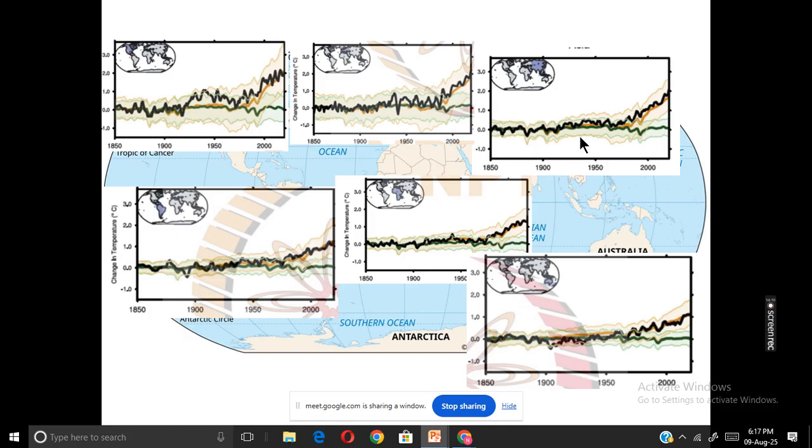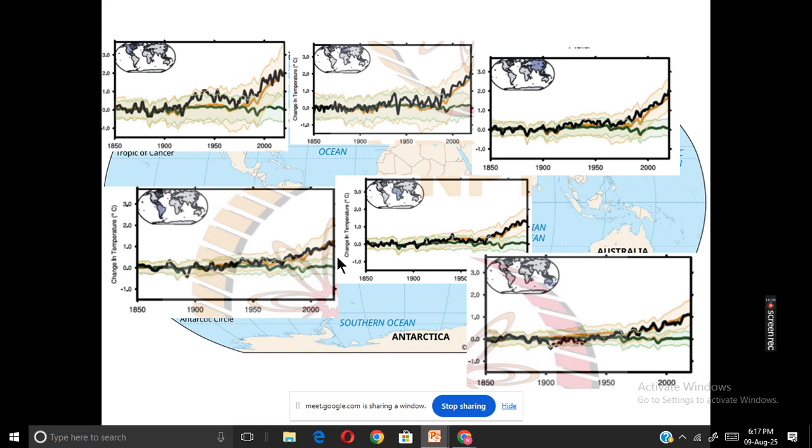And when we come a bit down, over the Asian region, which can be considered the tropics, we have a similar increase of around 2 degrees Celsius. But over the southern hemisphere, we have a bit lower increase.